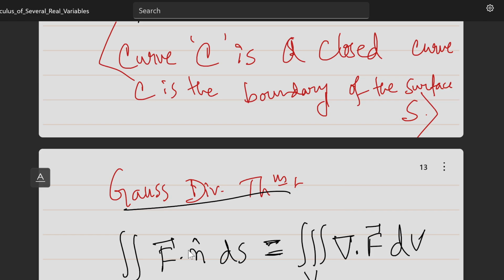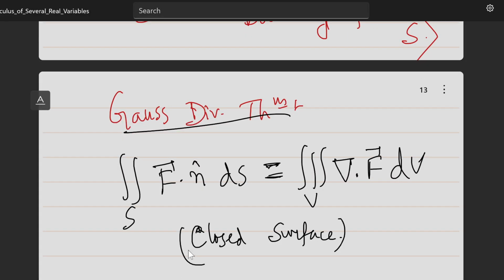So again when you apply it, the surface is closed. Then you have to compute the divergence of F and dV. Divergence is easily computed, it is the grad operator dot F. Dot means dot product. So what is the main intention? You have to put the limits of the volume x, y, z carefully.